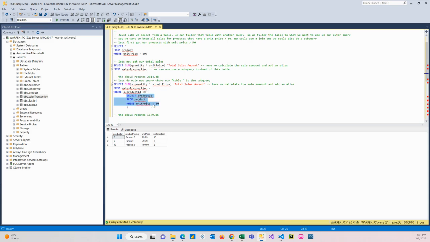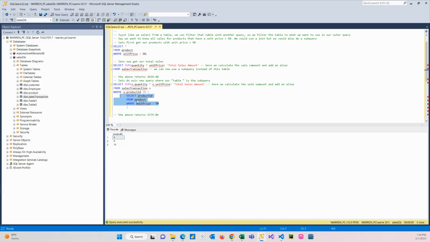In this little select statement, if we just run that, we're asking to select the product ID. So only return the product ID. Here we returned everything and we got the 3 records. We only want the product ID. So here we're saying return the product ID, 5, 9, and 10.